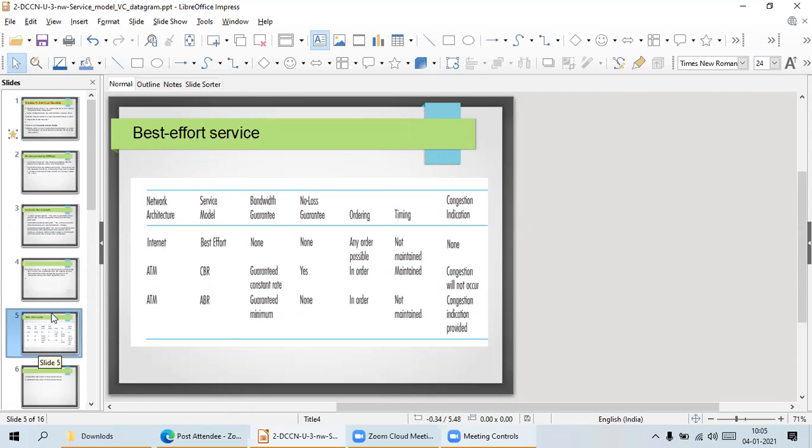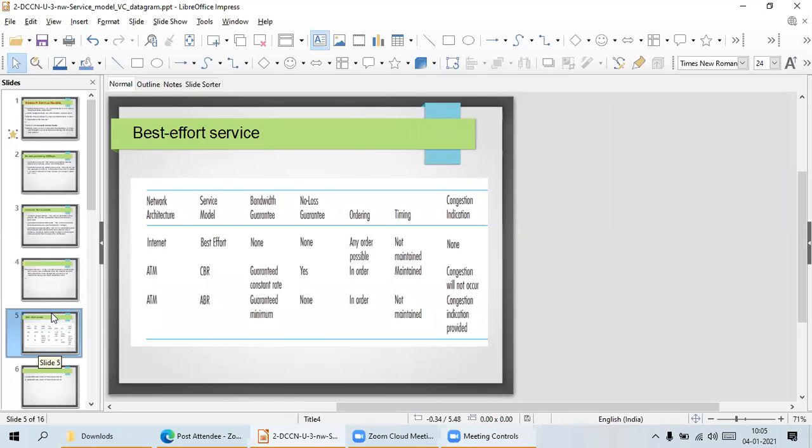Next, timing is also going to be maintained. Congestion will not occur, because whenever you send constant information, that means 1 mbps every second, we send exactly 1 mbps.